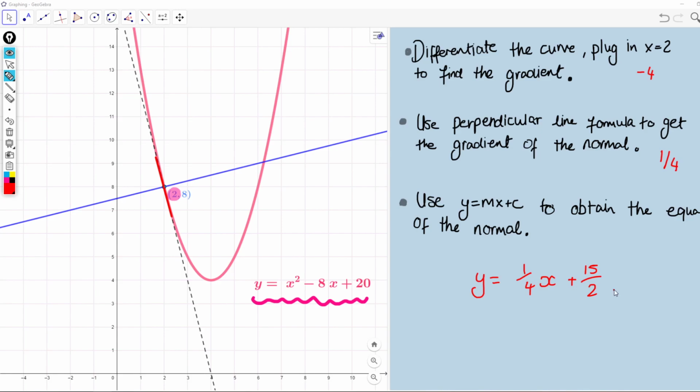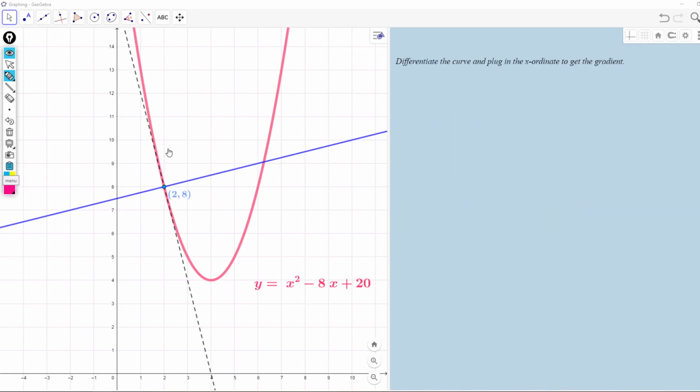Let's go through the process step by step now. So the first thing that we're going to do is differentiate the curve. So the curve I have in this case is x squared, take away 8x plus 20. Now differentiating x squared gives me 2x, and remember the powers rule, which is I'm going to multiply by the current power, and then I'm going to subtract 1 from the power.